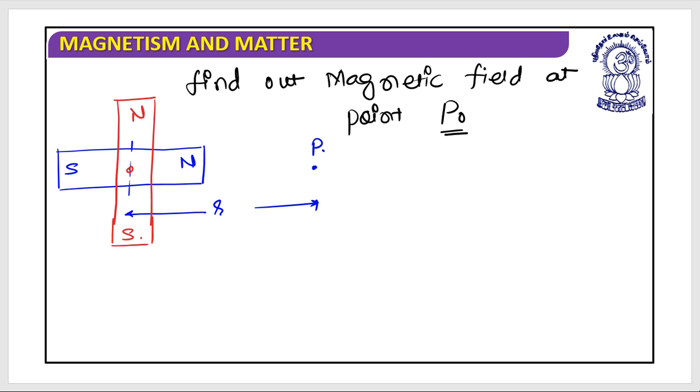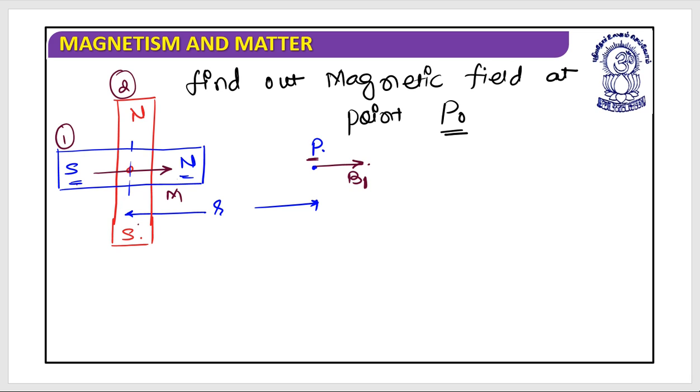Let's have a look. This is South Pole, this is North Pole, and this is the direction of magnetic moment. Let's suppose this is the first magnet, this is the second magnet. So this is south, this is north, this is M, and for this point, this is the axial point, so the magnetic field due to this first would be in this direction, because for the axial position the direction of magnetic moment and the direction of the magnetic field will be the same.